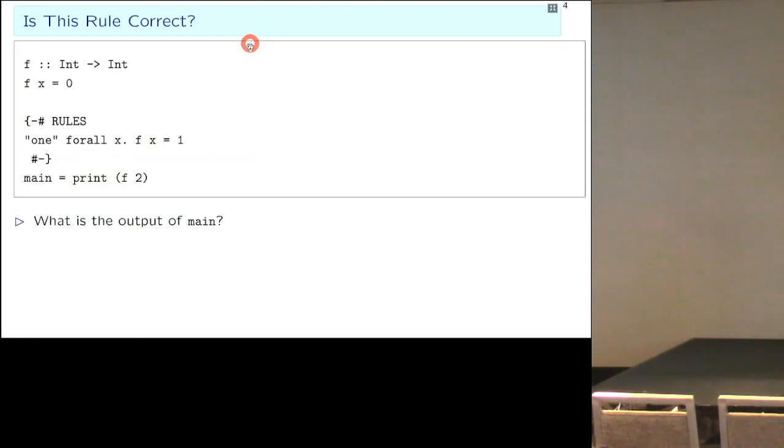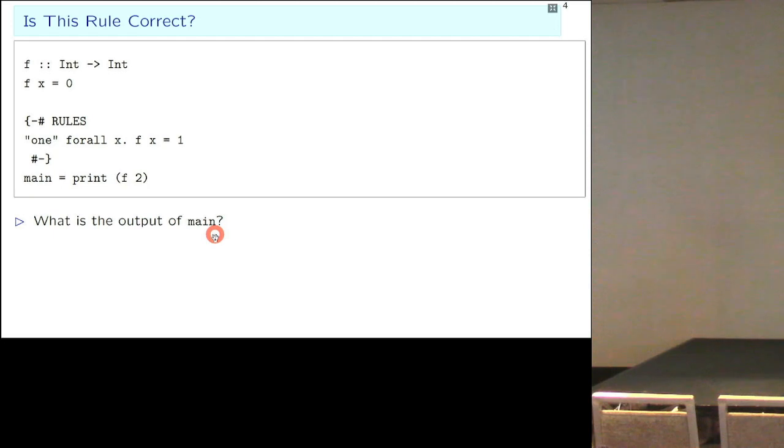First, to identify the problem in current GHC's rewrite rules, let's consider this simple program. It involves one rewrite rule that rewrites an expression f of something to the integer 1. But in the program part, there is a function which always returns 0. So what is actually the output of this main?